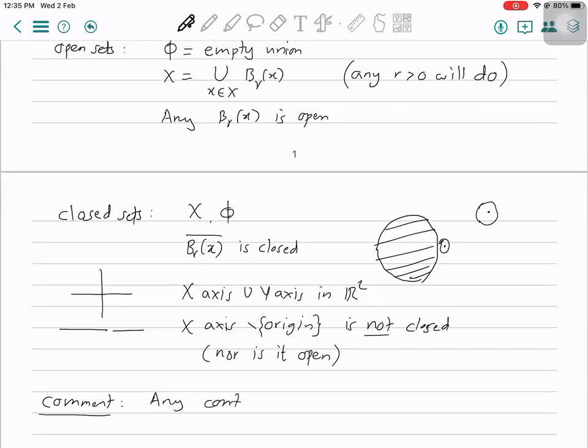Any continuous path, okay, I'm just going to write it verbatim and then we will work with it. Sorry, so how do you want to complete the sentence? In R2 will form a closed set.